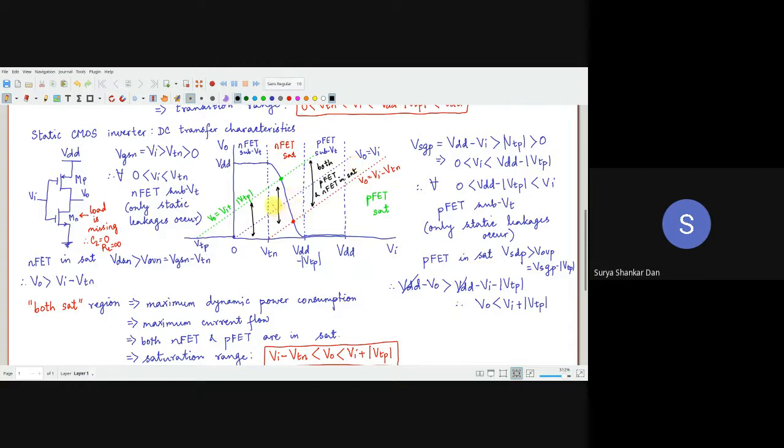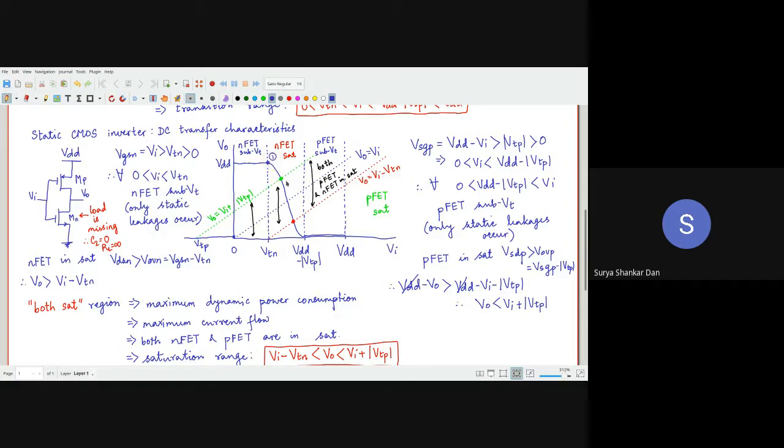So what does it imply? It implies that when you are switching the inverter, you will find that we encounter several regions of interest. This is point number one, when VI equals VTN. After that, NFET starts conducting.